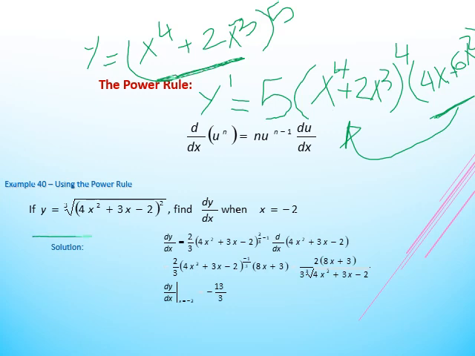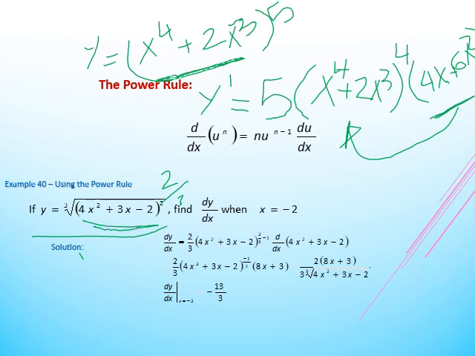Here is another example, with more steps: a root with a radical sign, the cube root of this polynomial, all to the power 2. First, change it to 4x squared plus 3x minus 2, all to the power 2 over 3.